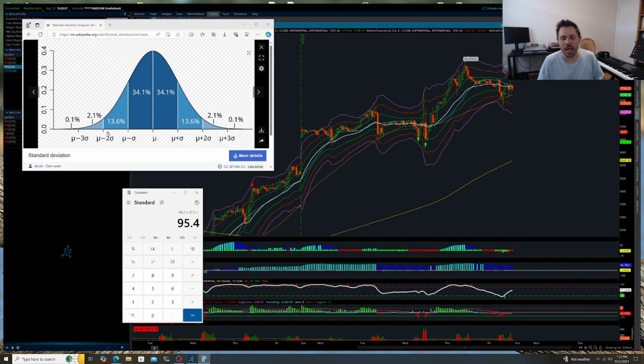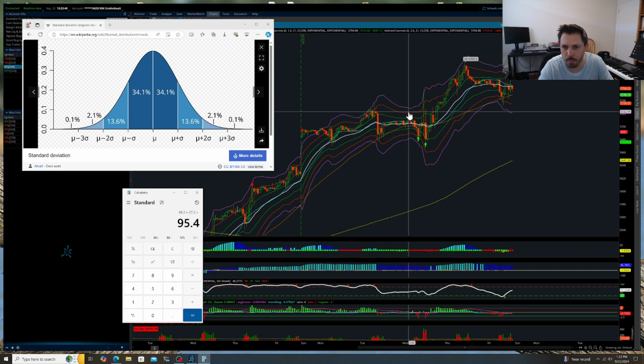The reason why I want to bring this up is because this is one of the key things that I don't see people talking about that needs to be discussed more. I talked about this briefly in a previous video that I use Keltner channels on all of my charts. So these green bands right here are a representation of this blue area, and similarly, the red bands represent the one and two standard deviation places.